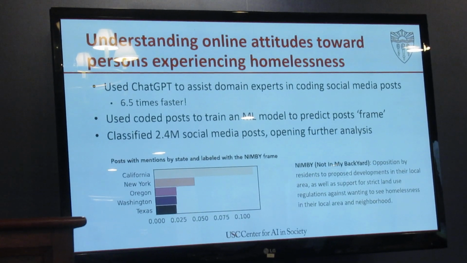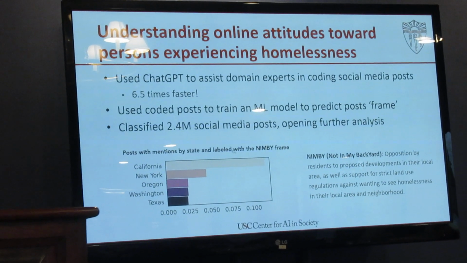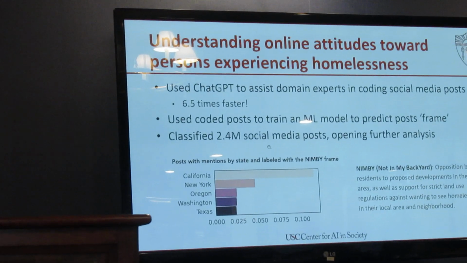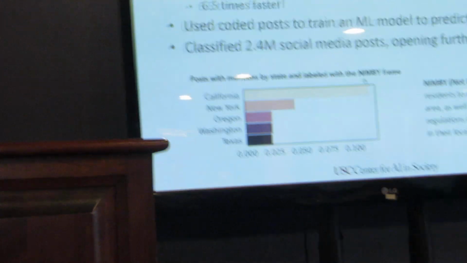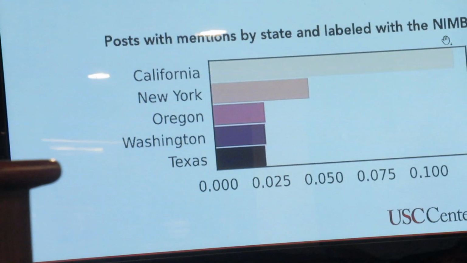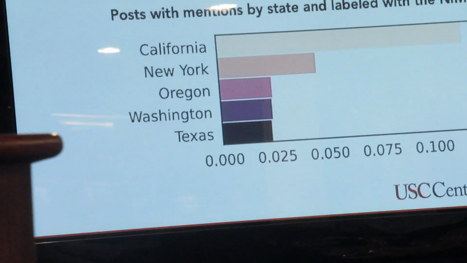They've only scratched the surface, but here is something that you can, for example, learn from these 2 million classified tweets in terms of how often different attitudes towards homelessness appear in the public.